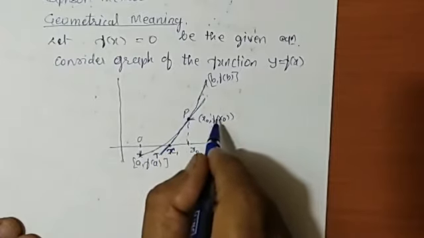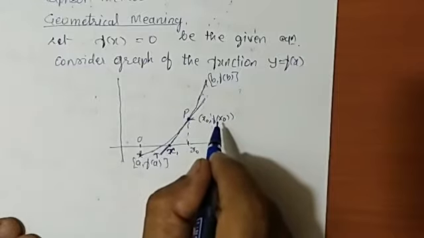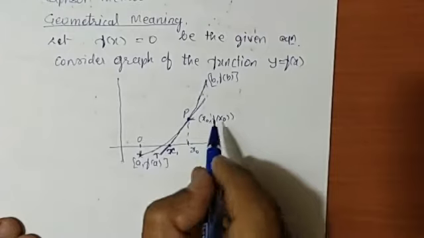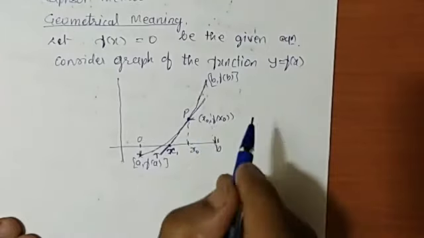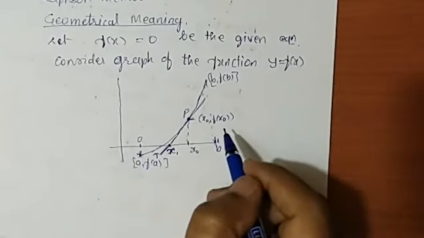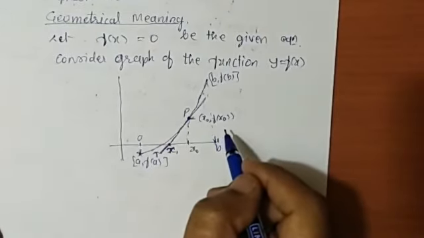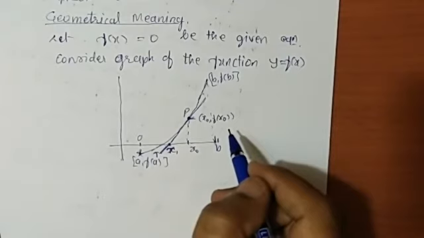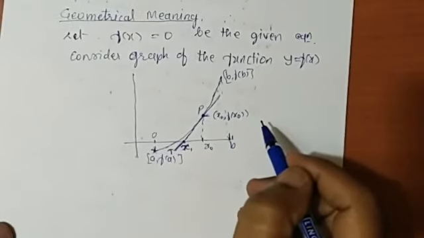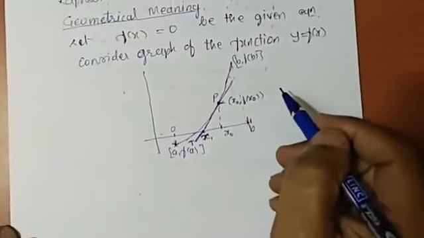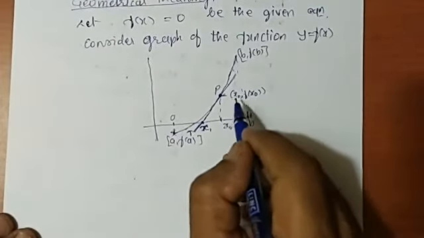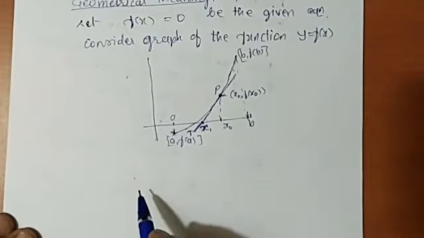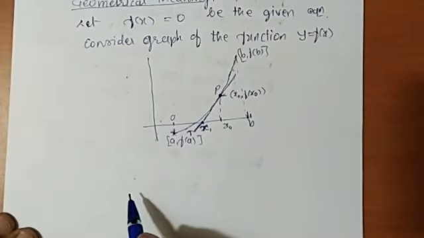So I make use of the equation of the line passing through x naught, f of x naught, and having the slope f dash of x naught. That is the idea because we have already studied these things in the previous semesters, the geometrical meaning of differentiation.